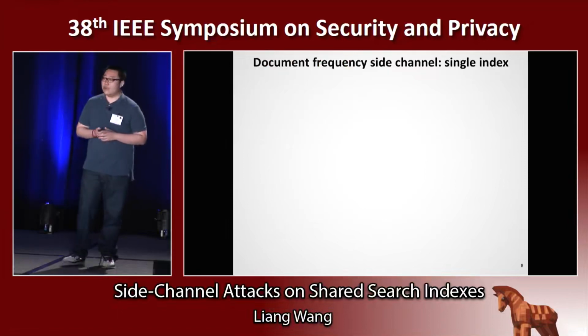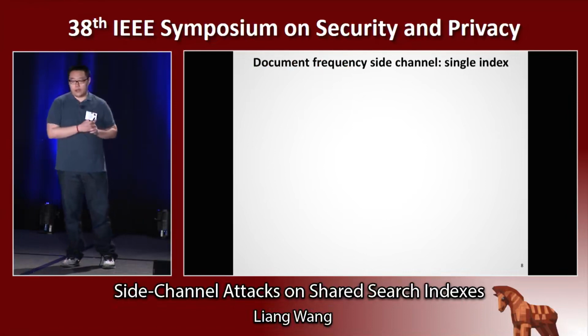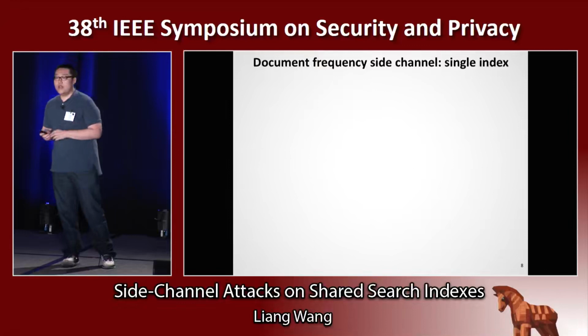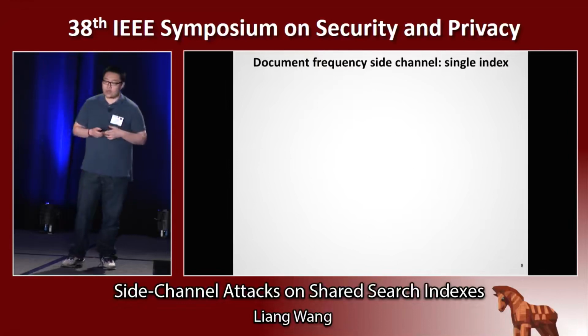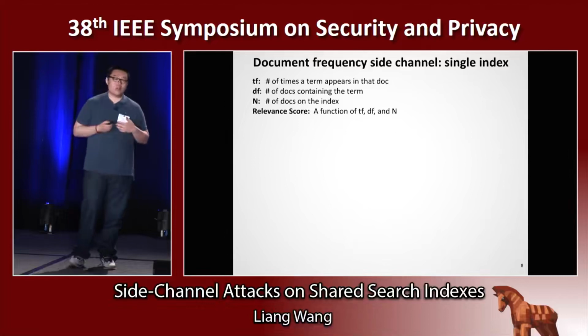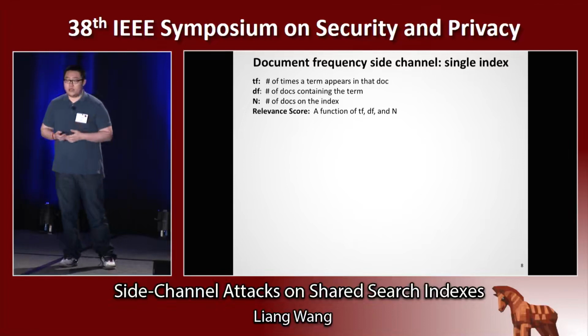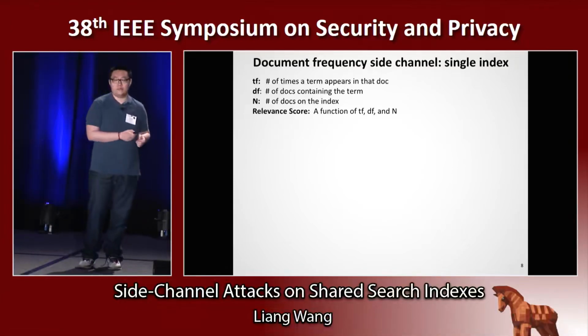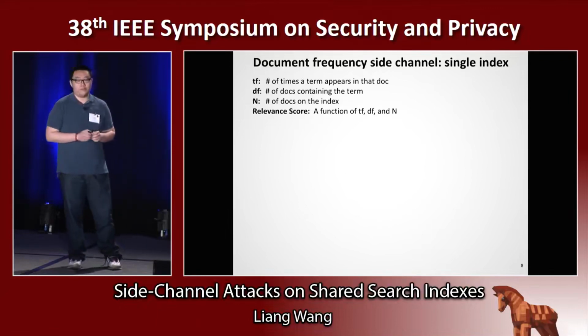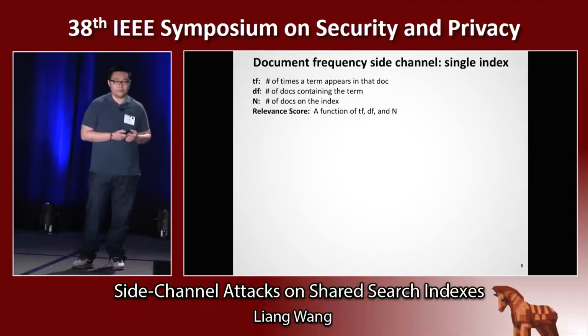So let's start with some background. If multiple documents meet the search condition, the search engine usually will sort these documents based on a metric called relevance score. The algorithm for relevance score is TF-IDF or its variants. TF, the term frequency, is the number of times the term appeared in a document. And DF, document frequency, is the number of documents that contain a given term.